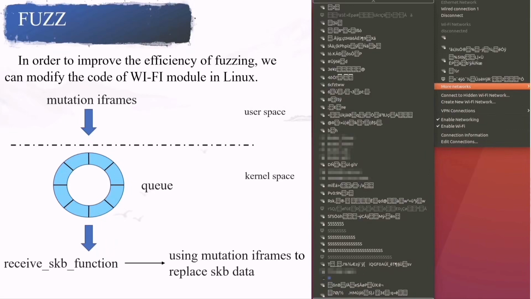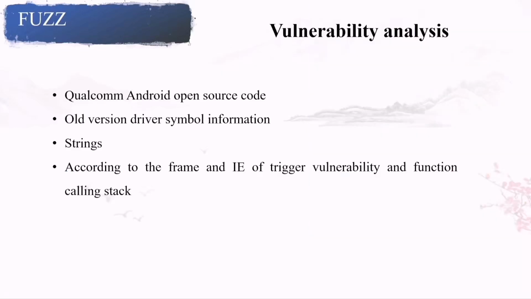Whenever the kernel layer receives an external frame, it will take a malformed frame from the queue to replace the external frame. So the Wi-Fi module in the kernel will process the mutated frames like the picture on the right. The advantage of this way is that it can improve the efficiency of fuzzing and ignore the influence of the wireless network adapter.